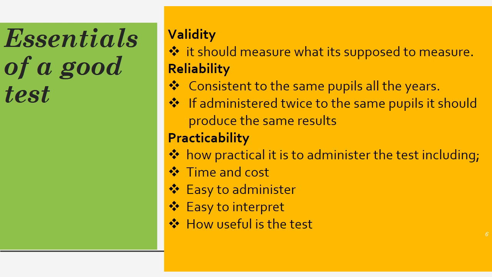So if I give a test today and you score 100%, next week I give you the same test, you score 0%, it means the test lacks reliability. So it is not producing consistent results. So a good test should be reliable. It should be consistent in producing the results.